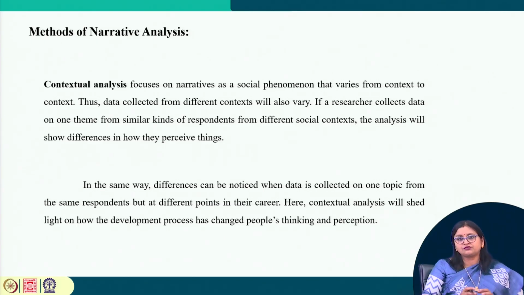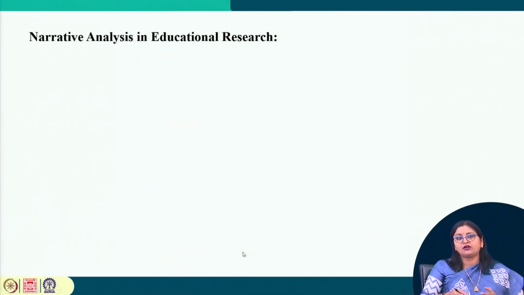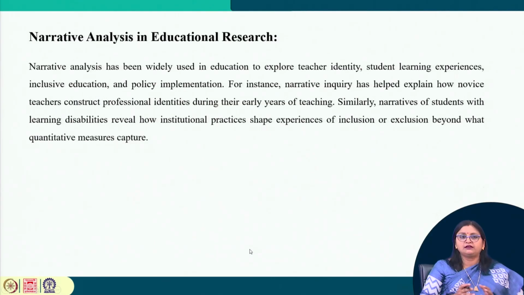Here, contextual analysis will shed light on how developmental processes have changed people's thinking and perception. Definitely, with time, due to experiences, shared experiences and living scenarios, people's thinking changes, and accordingly their opinion and viewpoint also change.